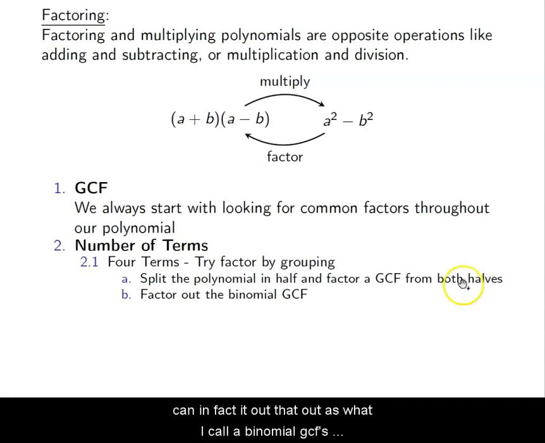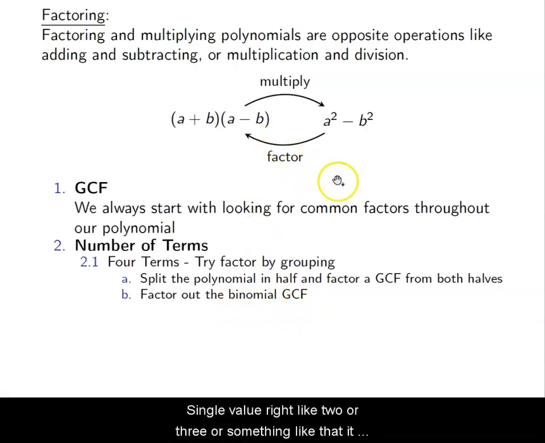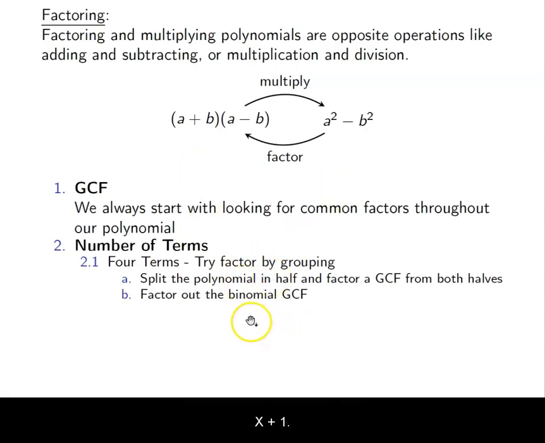Then I can factor that out as what I call a binomial GCF. It's a GCF, but instead of being a single value like 2 or 3, it is now a binomial, something like x plus 1. So I can factor that out, and I now have factored my 4-term polynomial.